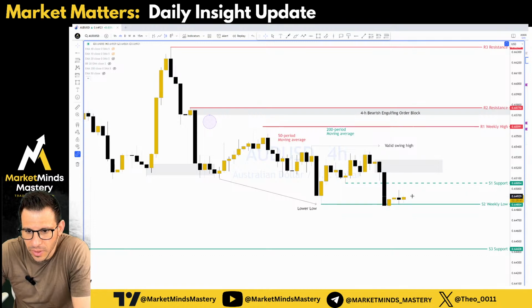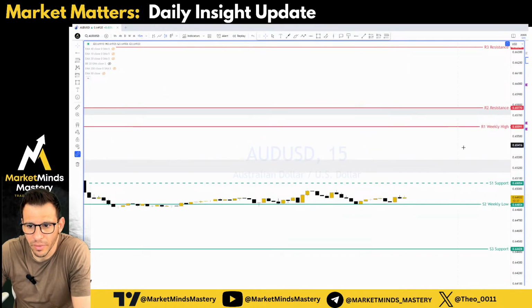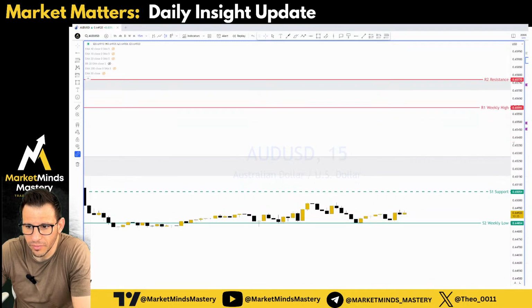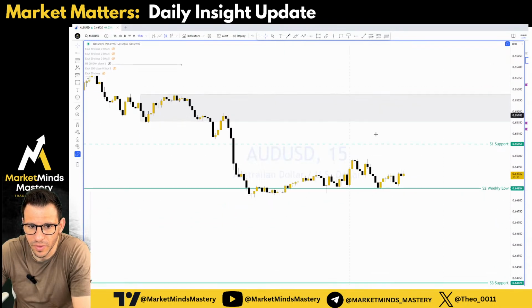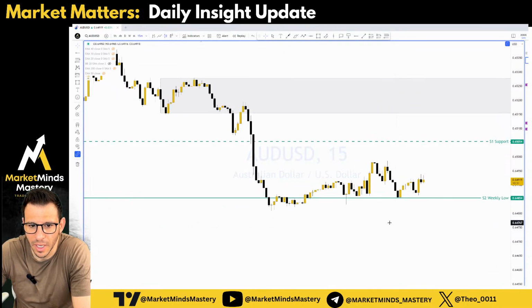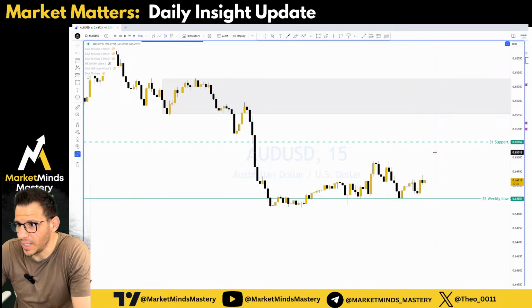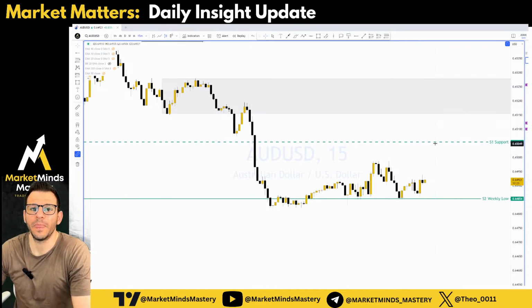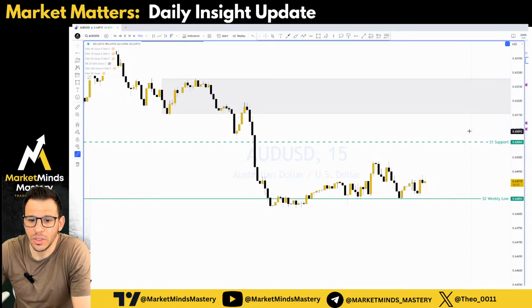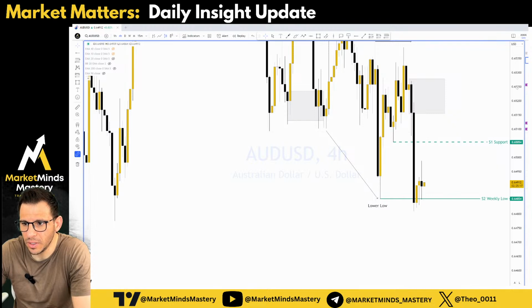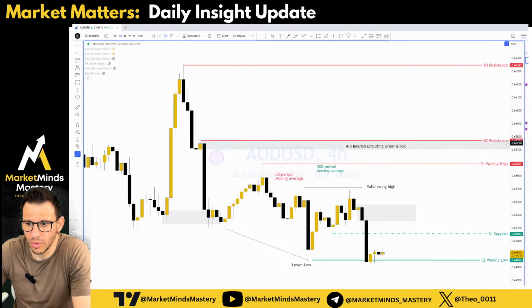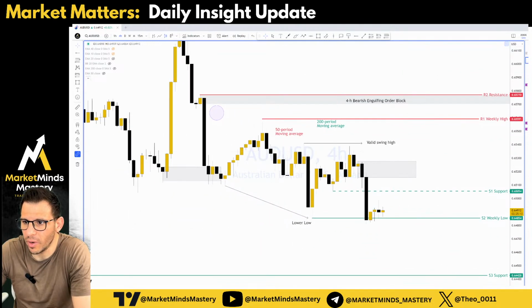So into this box, if the price enters here, then if we are in front of the screen, we're definitely going to scroll down to either the 15-minute or hourly time frame to find some price action or lower highs and lower lows. That will be an indication to go for shorts. That's the analysis for the Australian dollar, US dollar today on the 4-hour time frame.